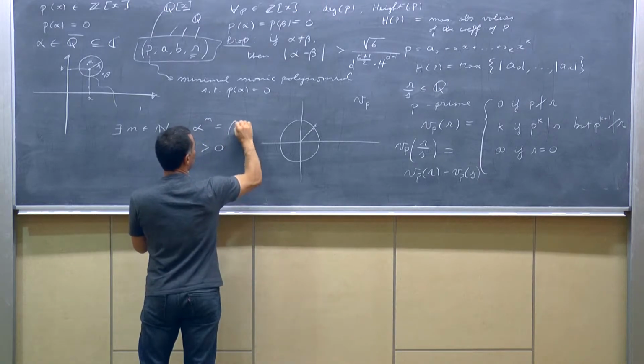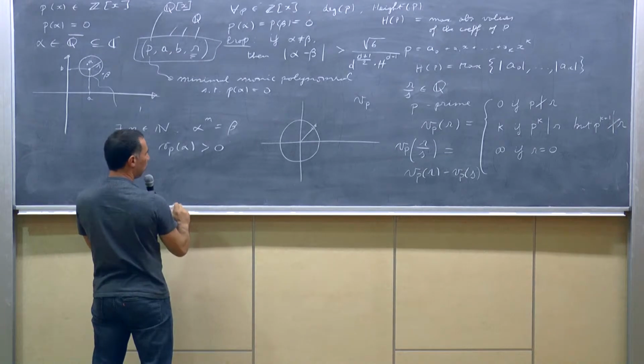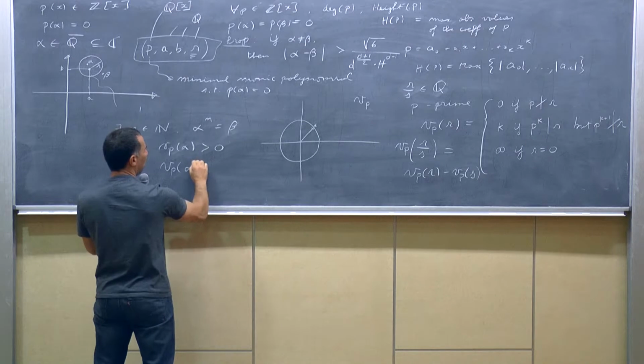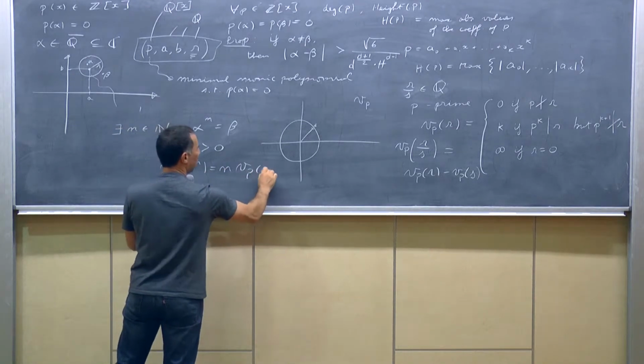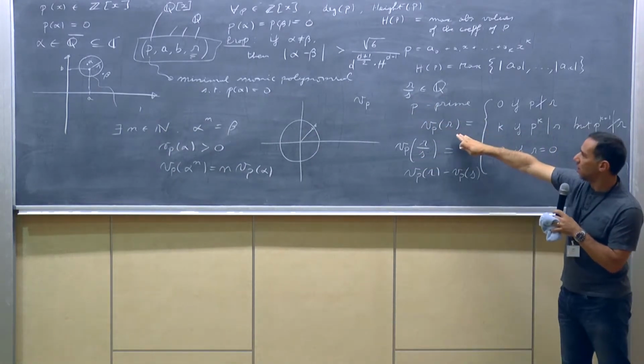This is more relevant if you're trying to decide if alpha to the n is equal to beta. Basically the p-adic valuation of alpha to the n is going to be equal to n times the p-adic valuation of alpha. This is obvious in the context of integers, right?